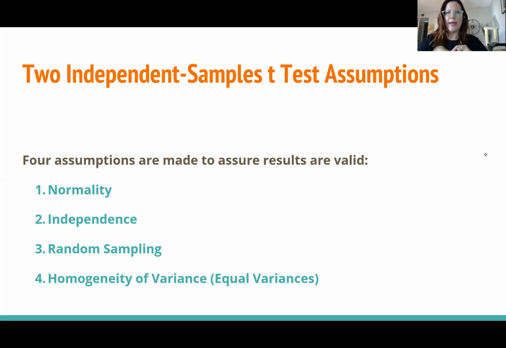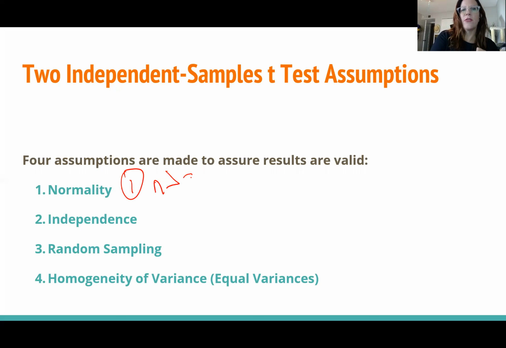Well, there are two ways. The first way is you want to look at your research scenario and make sure that each of your samples is greater than 30. Remember, well, greater than or equal to, we could say. So we know that at a sample size of 30, we start meeting normality.